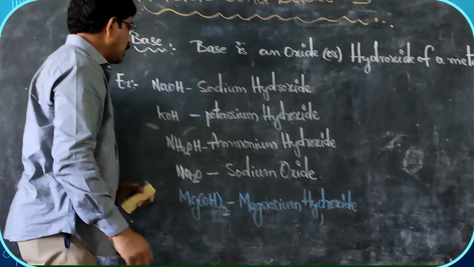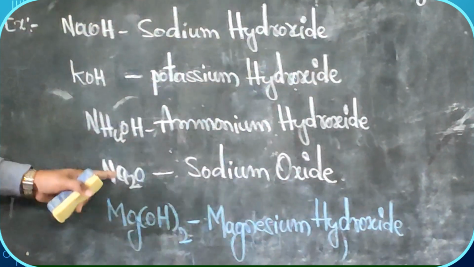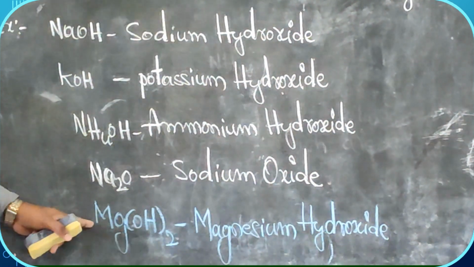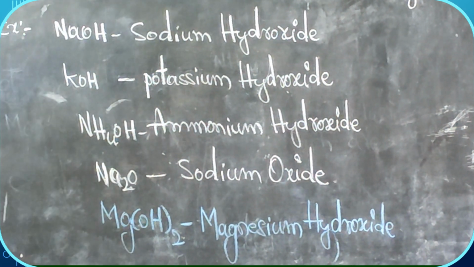These are a few examples: sodium hydroxide, potassium hydroxide, ammonium hydroxide, sodium oxide, magnesium hydroxide and calcium hydroxide. These are all the examples.